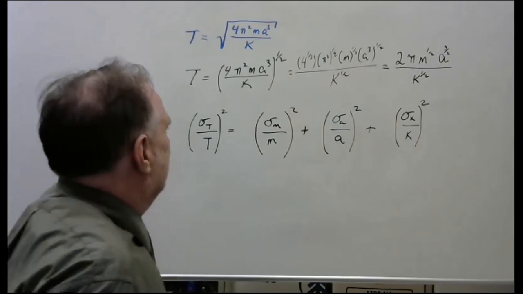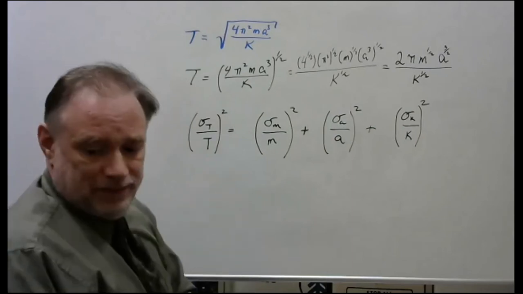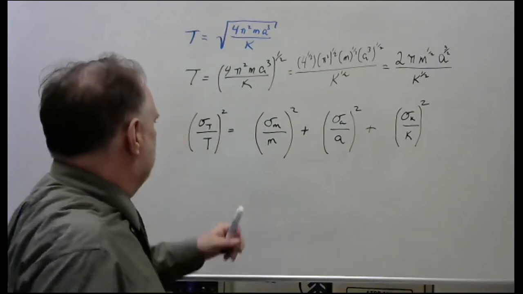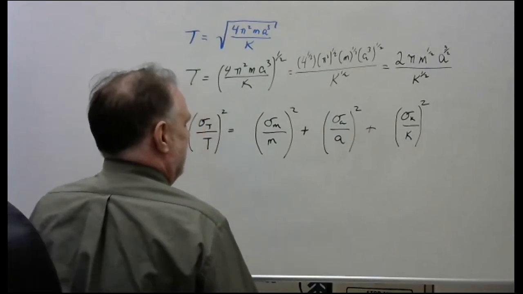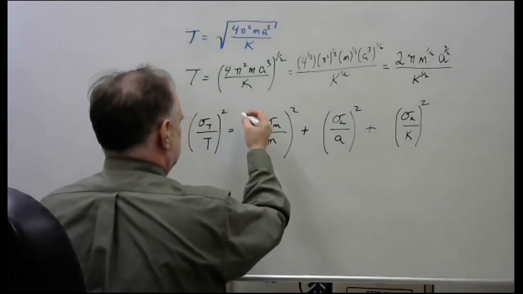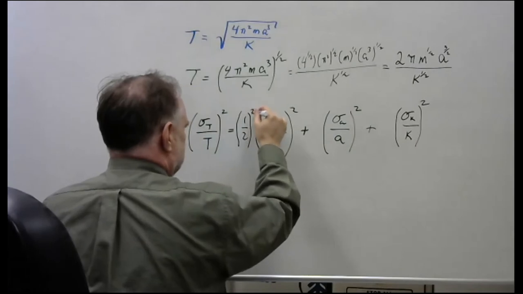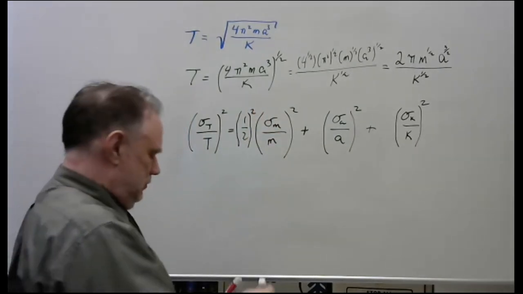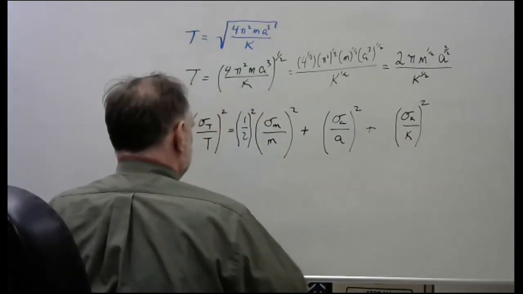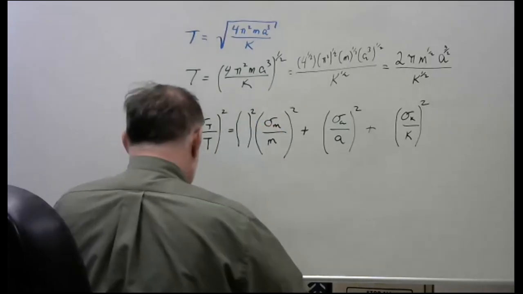And now I take the exponents and take care of them. What exponent do I put in front of my sigma m term? 1/2, and square it. So here it's 1/2 squared.